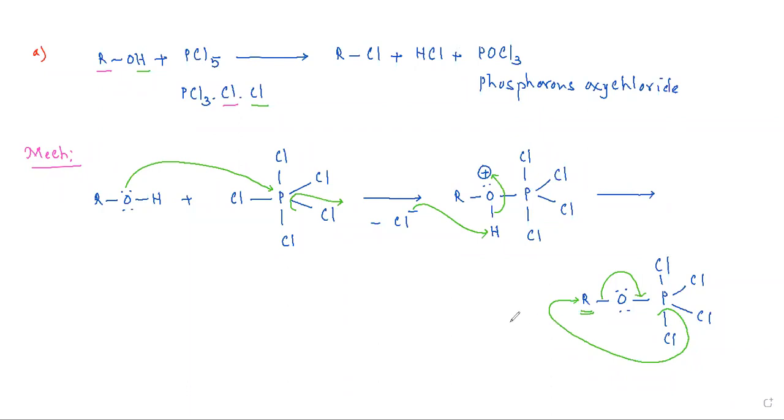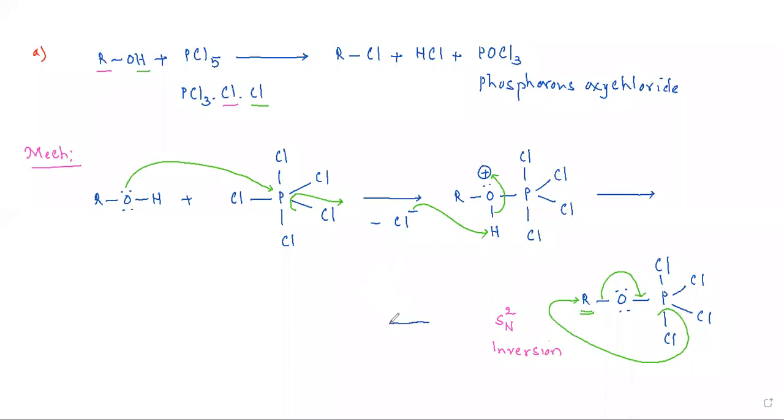This is what I call SN2 mechanism, which results in inversion. The backside attack is the characteristic of SN2 mechanism.